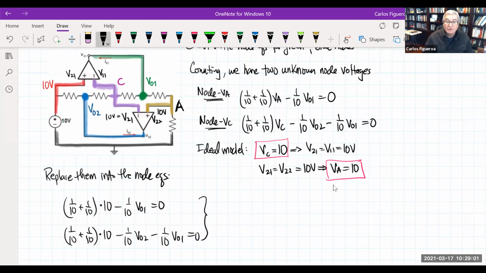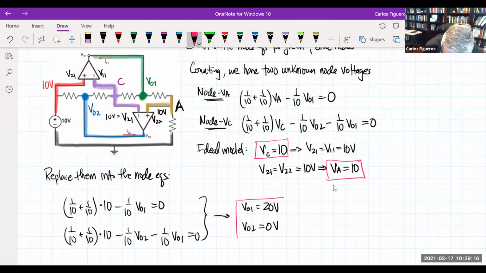So I now have two equations and two unknowns, which will tell us what we already calculated before, that one of them is 20 and the other is 0 volts. And so I get the exact same results.